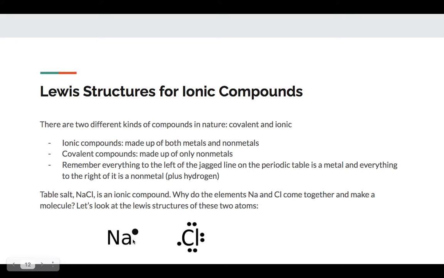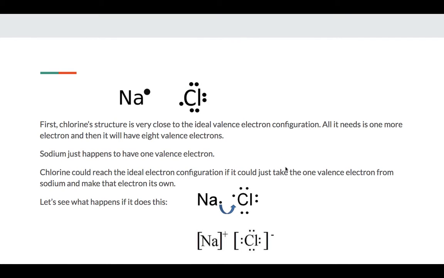For chlorine, it is in column 7A, so it is going to have 7 valence electrons on the outside of it. Notice that chlorine structure is actually pretty close to the ideal valence electron configuration. Remember that the ideal valence electron configuration is to have 8 total electrons around the outside.